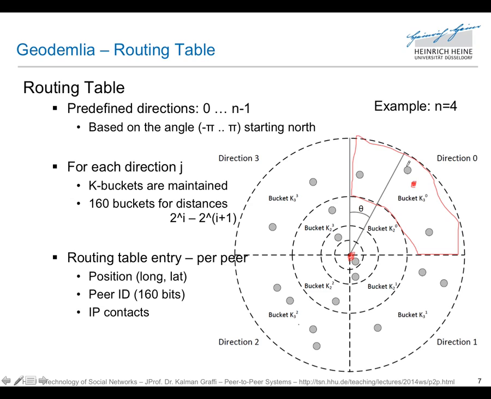Let's say we have k equals 2. Then this is one closest, and this one is not closest. So we contact these two alpha many nodes, and they reply with their closest personal views on the network. So it's really very similar.